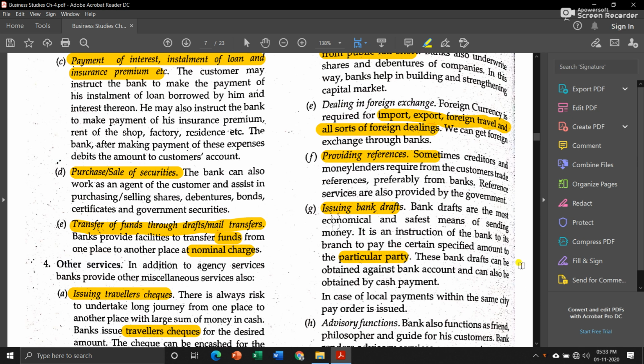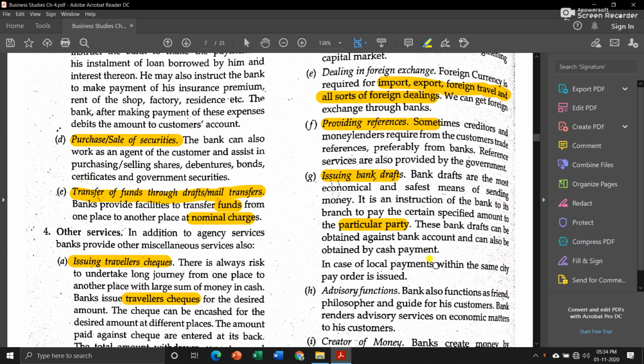These bank drafts can be obtained against a bank account and can also be obtained by cash payment. Means either you can direct the bank to make the payment from your bank account, or you can submit that draft form along with cash to make the payment.